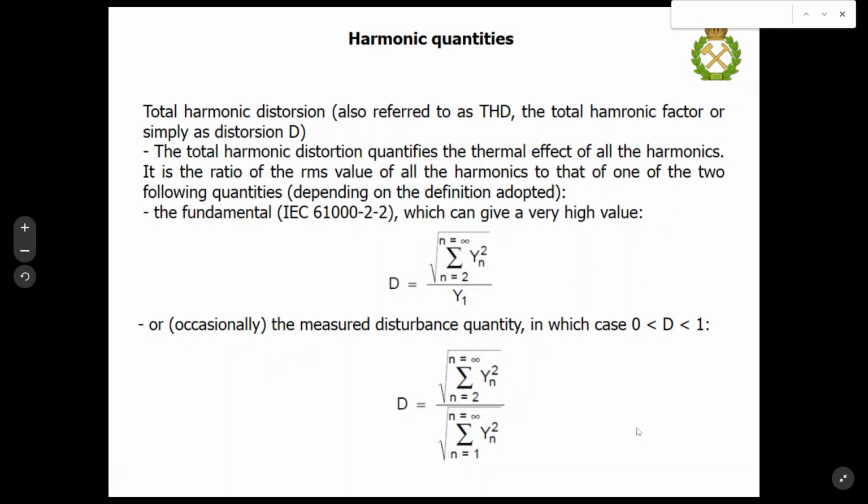Here you can see the expressions which allow us to calculate these factors. And these factors can change in the range of 0 and 1.